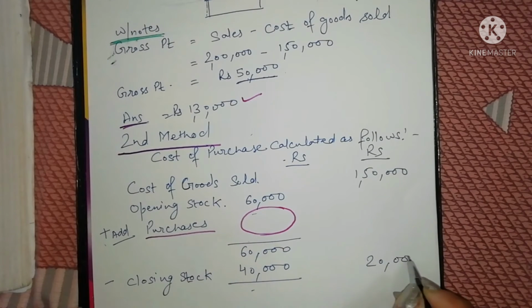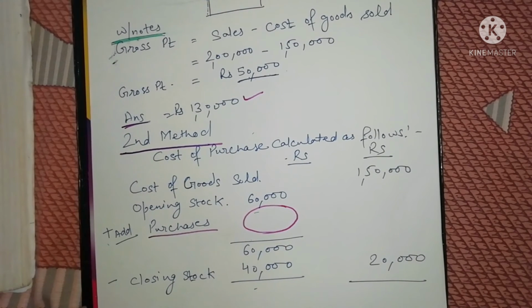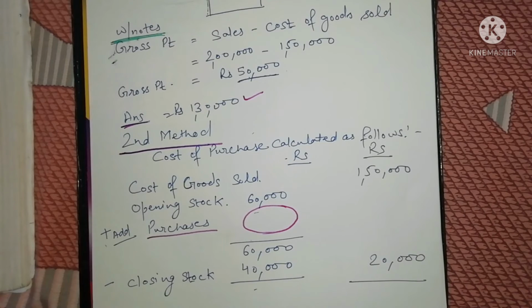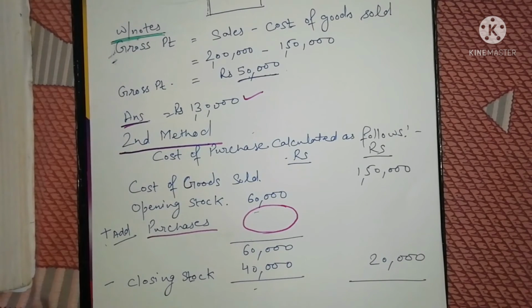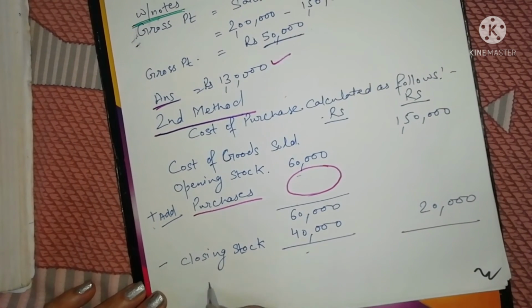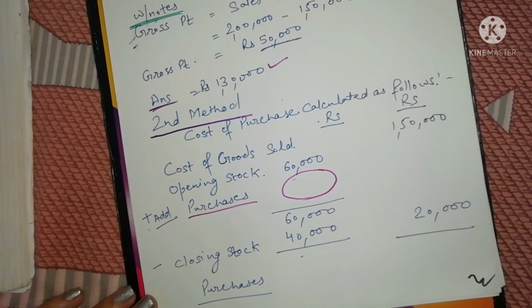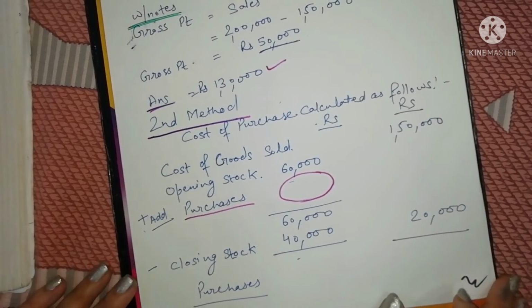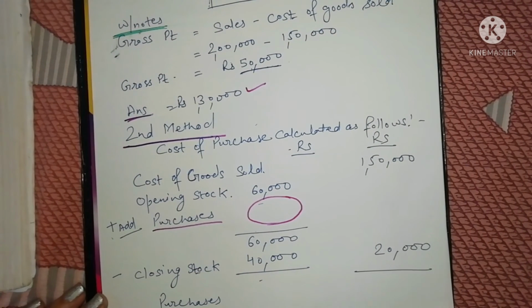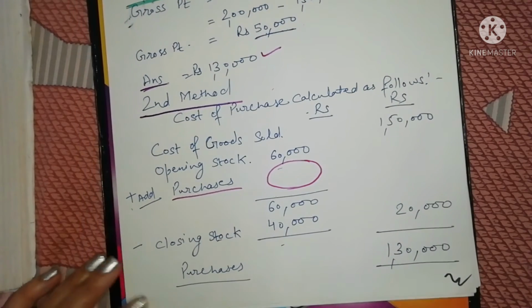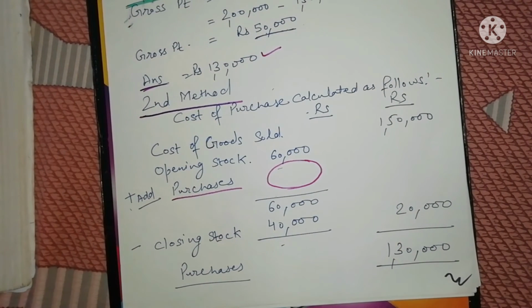That 20,000 has to be subtracted from the figure of cost of goods sold. By deducting 20,000 from cost of goods sold 1,50,000, we get the purchases amount, that is the same 1,30,000 in this way also. So this is our answer.